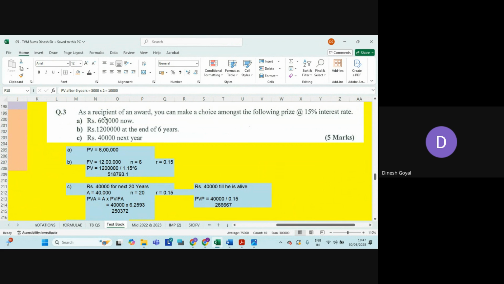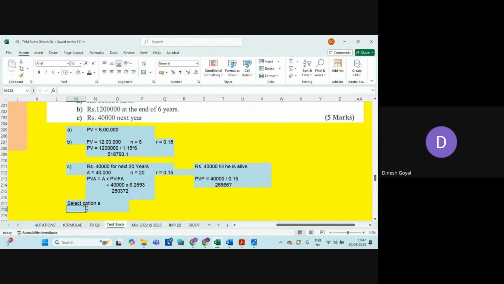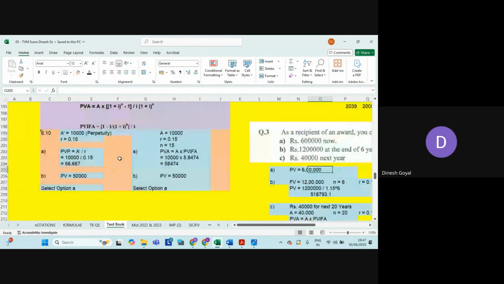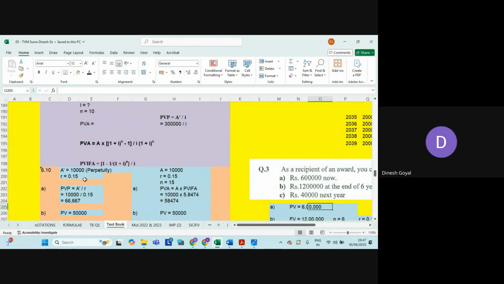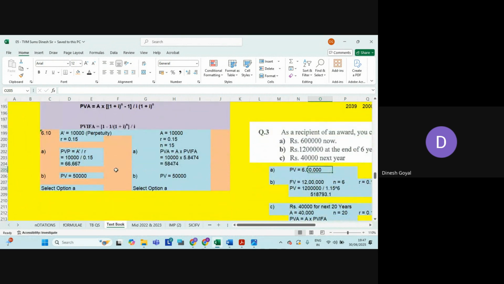So you have to find the present value of all the choices and then select that option whose present value is the highest. So option A present value was highest. Similarly, one sum was here also, that is 6.10, 6.10 in your textbook also. That is also the same type of question. This I have said is important. And one more sum I have done this.